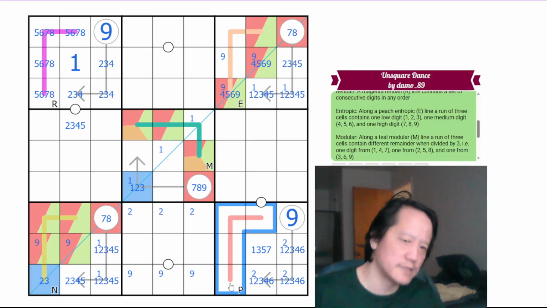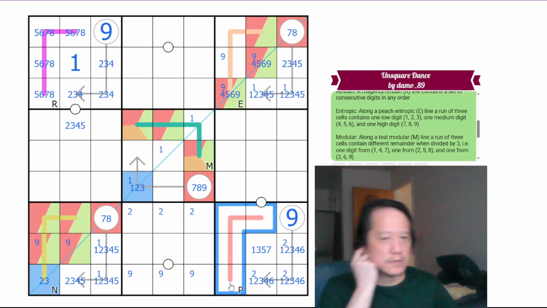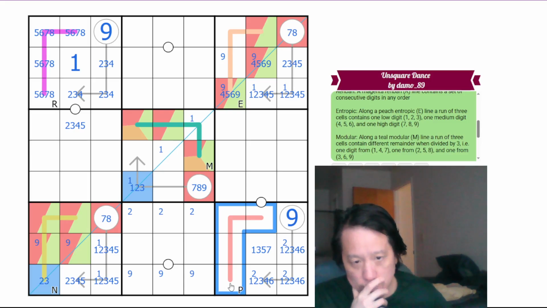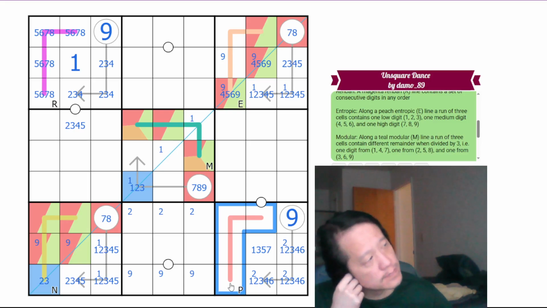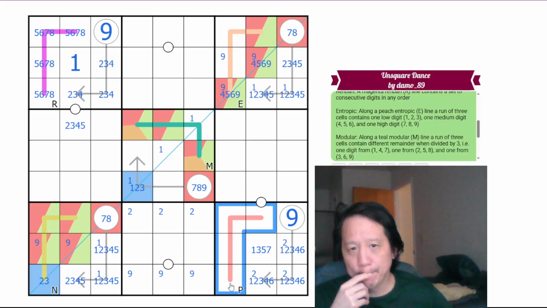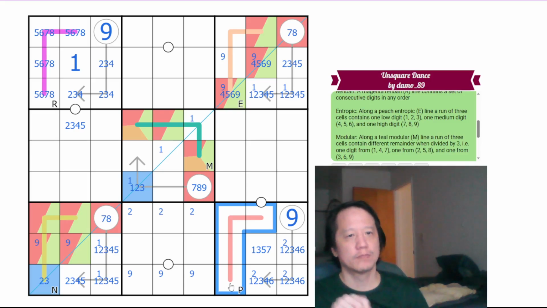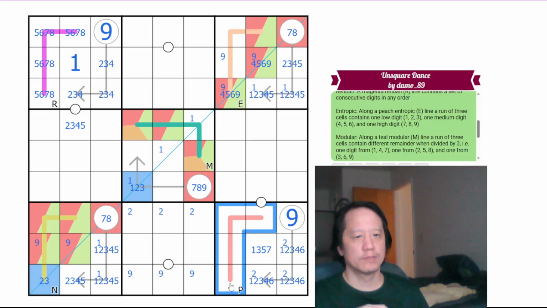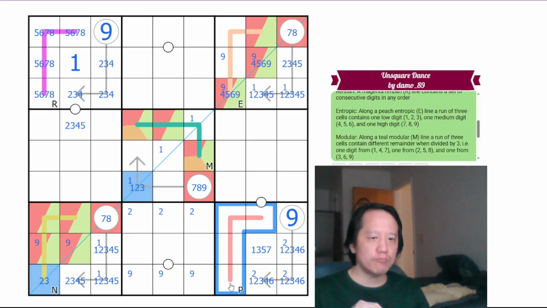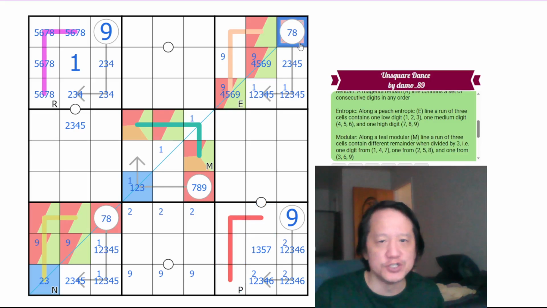Odd and even sets. Okay. Where is this digit in box 7?